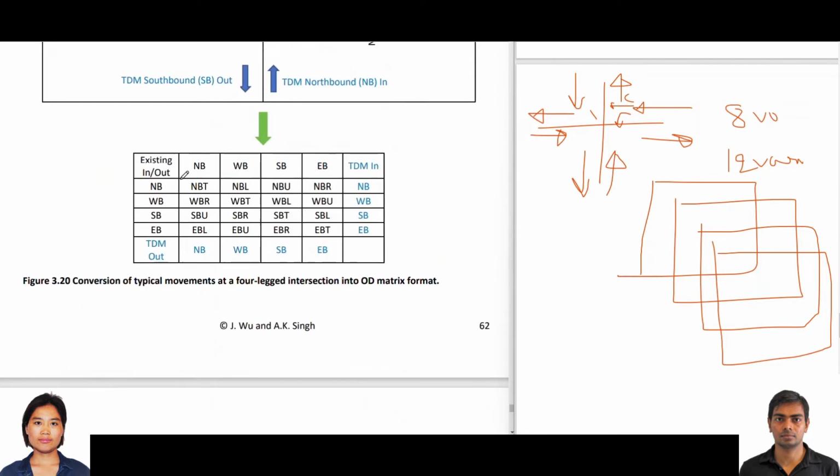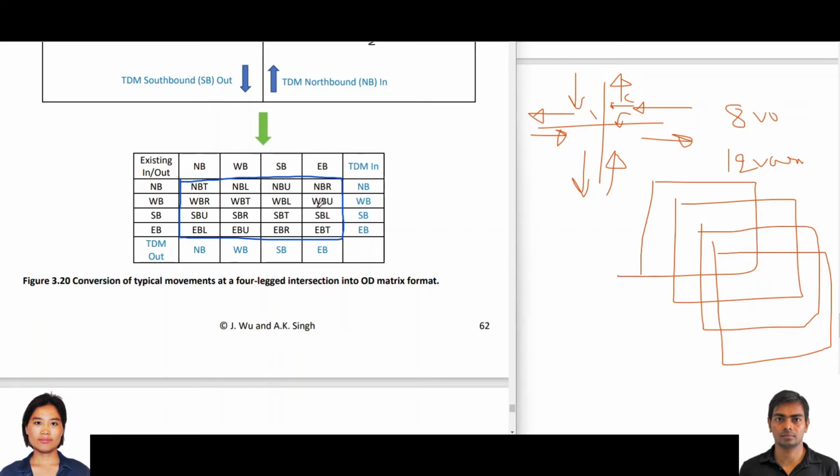We can convert them into an equivalent matrix, where we are trying to estimate this black color matrix such that the TDM in and TDM out are matched.